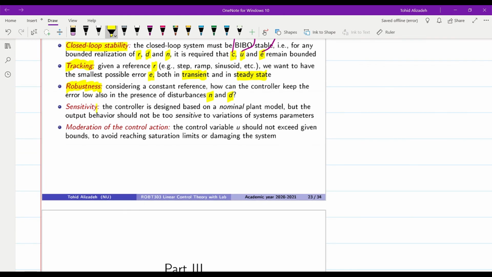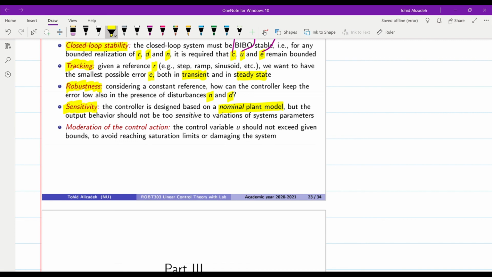The next point is regarding sensitivity. The controller should be designed based on a nominal plant model. So we will have the model of the plant, we will design the controller for that, but the actual plant might be a bit different from the nominal plant model that we have. However, we want our system to be insensitive to the changes that we might have in our plant.